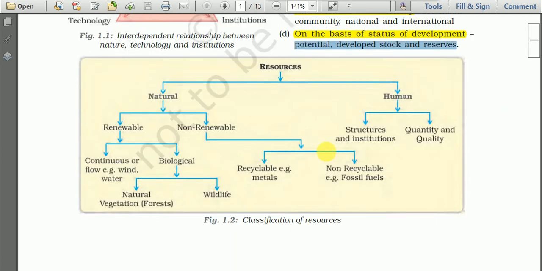And again this figure number 1.2 shows the different types of resources.